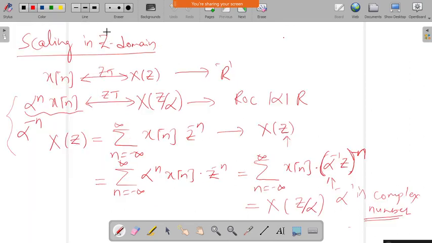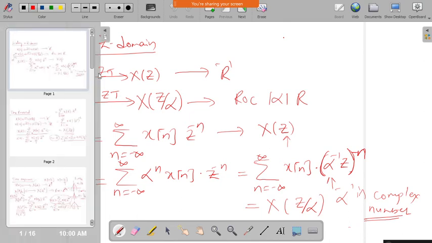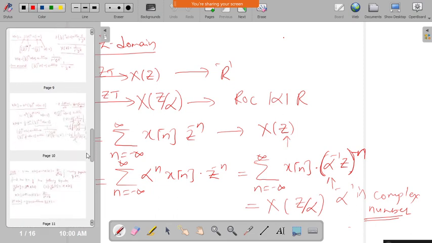Can you remember? If we have any alpha power n into x of n, the corresponding Z transform will be z replaced by z by alpha. In our case alpha is 2. So wherever z is there, replace it by z by 2, right? So that is the property, and now here we need to do the same thing.